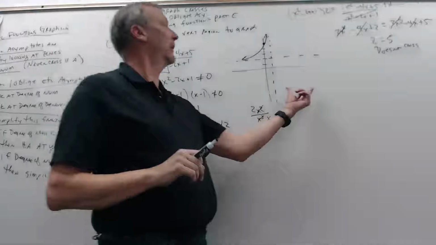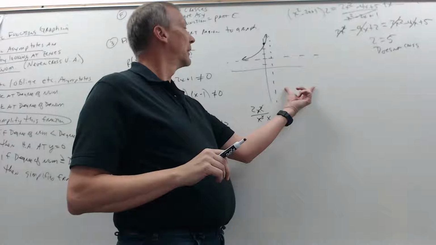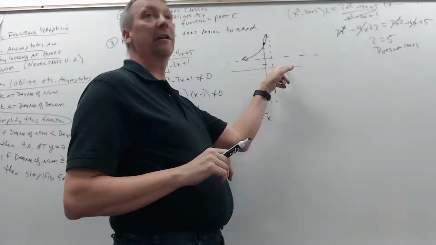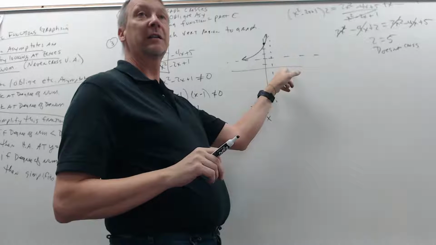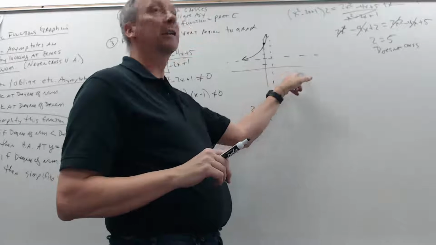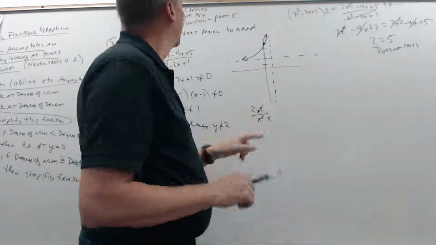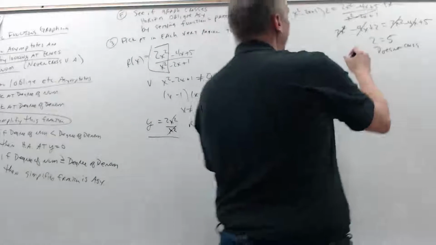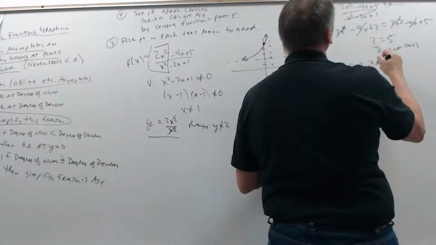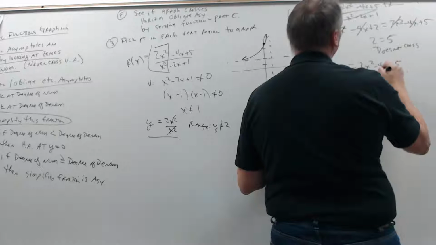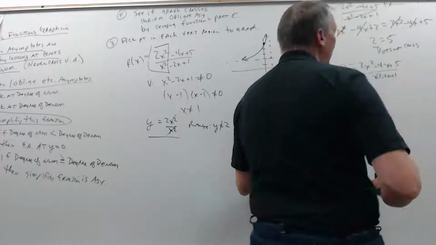Okay, so what's another point that I should pick? Something in this region, right? Now, if it's in this region, it's probably going to cross here, so we probably ought to figure out where that is. How do I find that point? Plug 0 in for y. So I'm going to say 0 equals 2x squared minus 4x plus 5 all over x squared minus 2x plus 1.